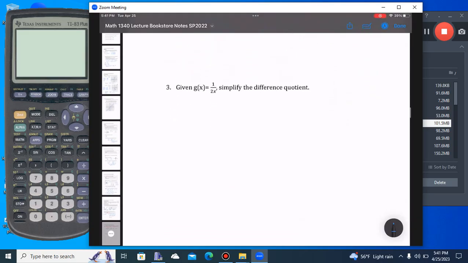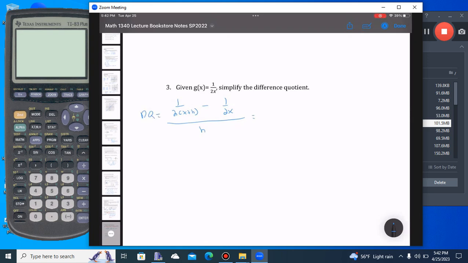Next one, g of x equals 1 over 2x. We have 1 over 2x plus h minus 1 over 2x, over h. This one's a little tricky. What we have to do is get a common denominator.